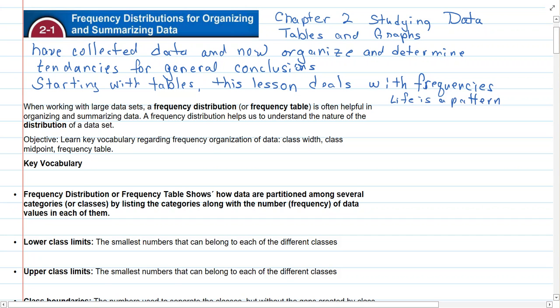And that means what shifts we work, how often we do work. All of these conditions are frequencies. But in mathematics and in the study of statistics, we're talking about frequency distribution. That means using the data and organizing the data.